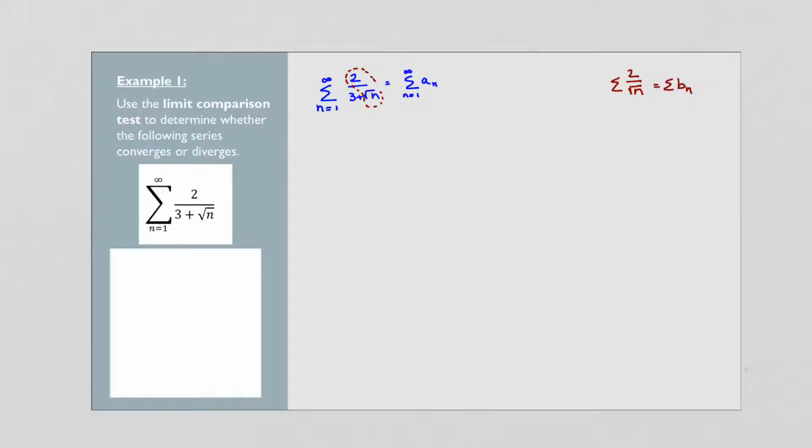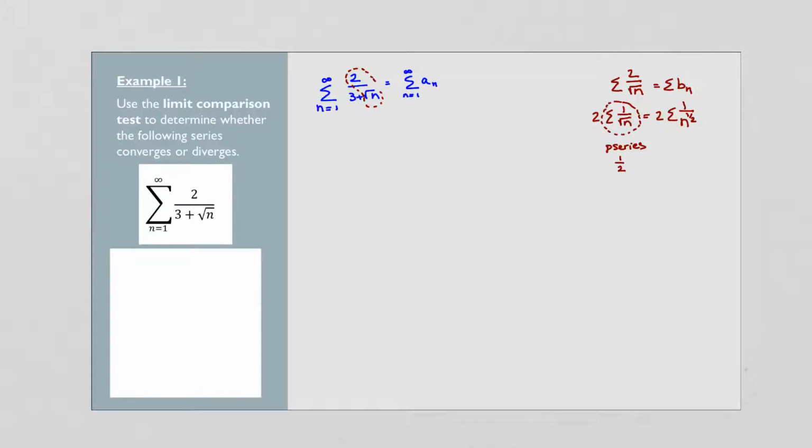What do we know about 2 over the square root of n? Well, if we pull out the constant multiple 2, I'm looking at a p-series. Specifically, I'm looking at a p-series where the power on n is 1/2.